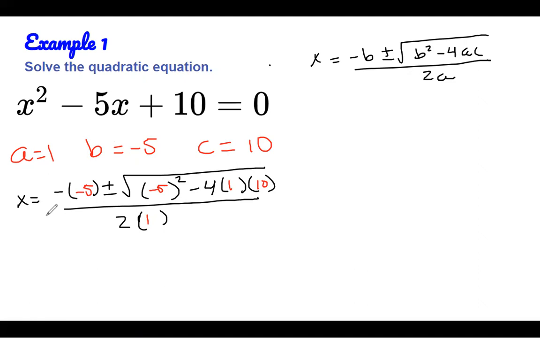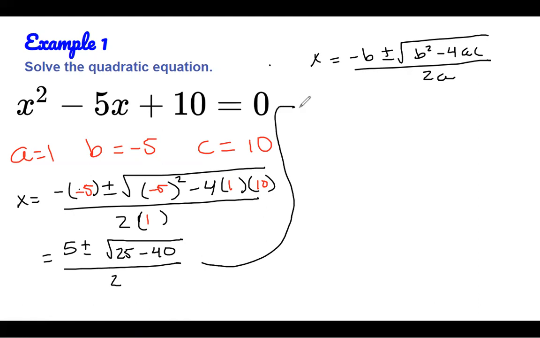Okay. All right, let's simplify. Negative and negative give me a positive 5, plus or minus the square root of -5 squared, which is 25, and then -4 times 1 times 10, which is -40, over 2 times 1, which is 2.